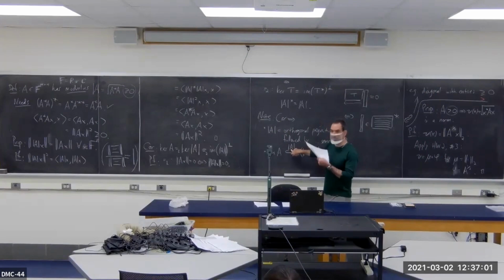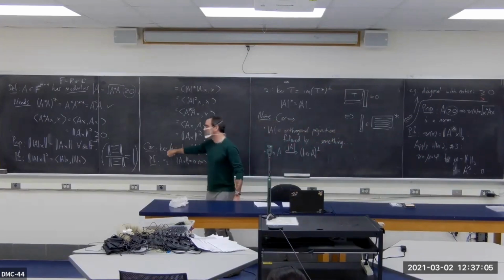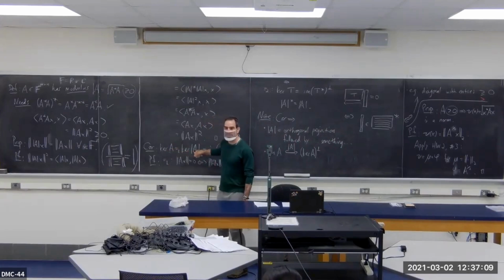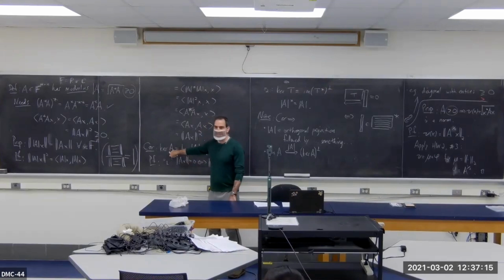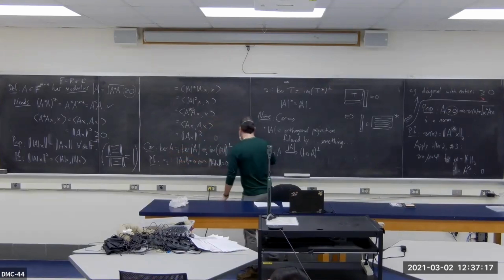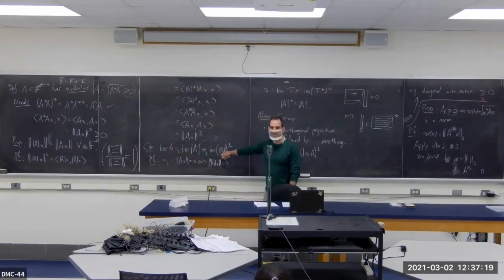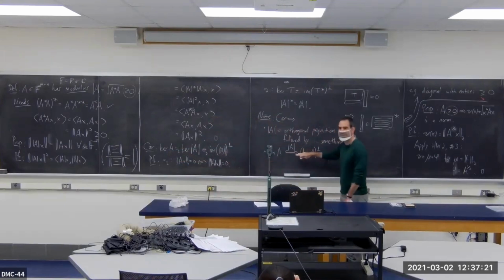Whatever it is, it's some linear transformation, and it vanishes on the kernel of A, because the kernel of A is equal to the kernel of the modulus of A. That means the modulus of A induces a map from the image of A into the image of the modulus of A. Sorry, into the perp.